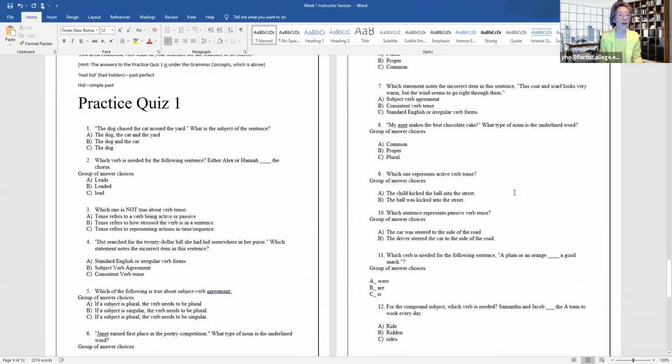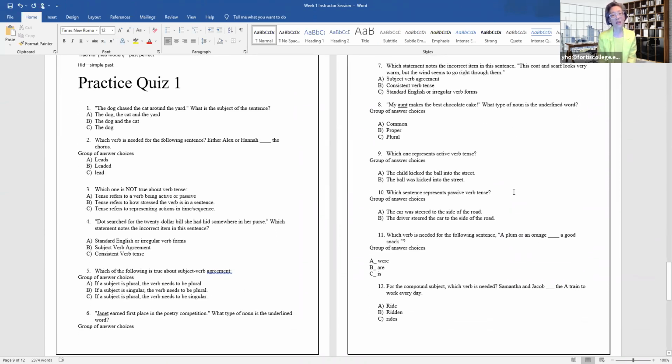All right, so now we're in practice quiz one. This is the fun part for most students. If you can score a 100% on this practice quiz, then you can score a 100% on your actual quiz.